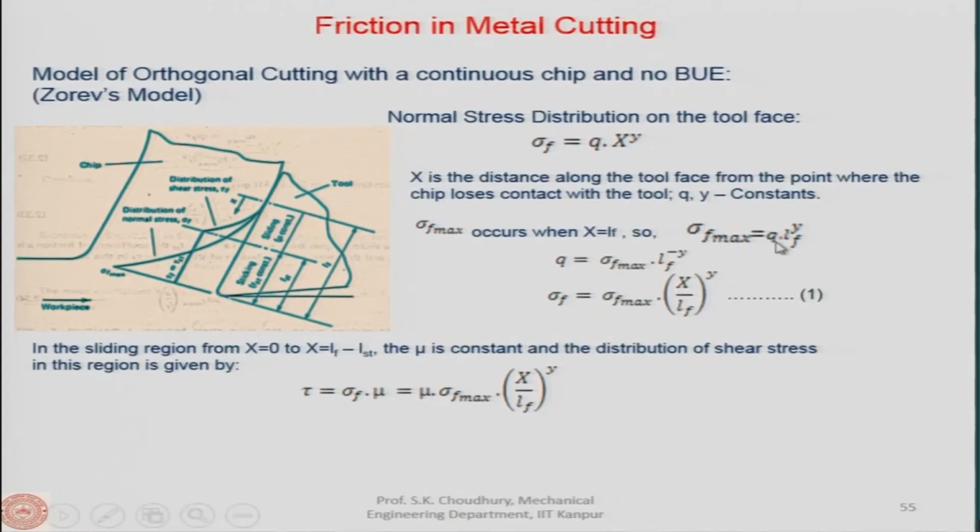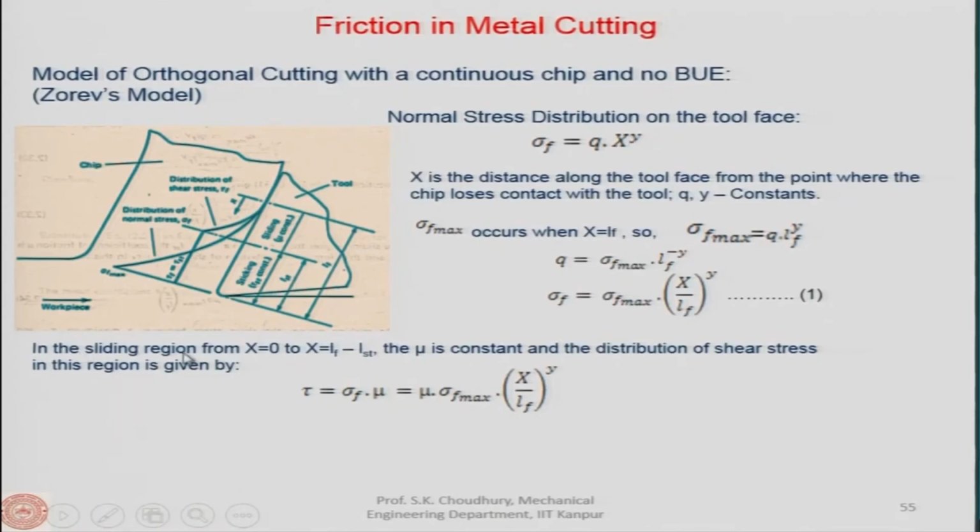Now, q from here is equal to sigma_f maximum divided by L_f to the power y, or sigma_f maximum times L_f to the power minus y. So, if you put the value of q here, sigma_f will be sigma_f maximum times x to the power y divided by L_f to the power y. So, L_f will be below.